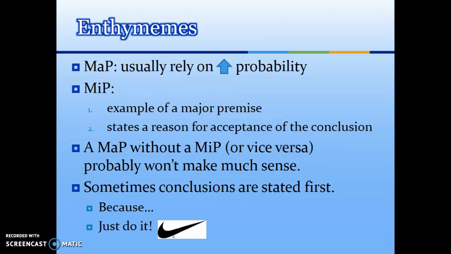As you said, a few videos ago, this is where you're not necessarily talking about certainties here, you're talking about high degrees of probability, and often in enthymemes you really want to begin your logical arguments, your basic premise that you use for appealing to logic, with a statement that is true or seems so overtly true, as we saw from Aristotle's quotation, or that you're going to prove it with some minor premises or examples of your major premise, or your reasons for accepting the conclusion that you're leading to in your enthymeme.